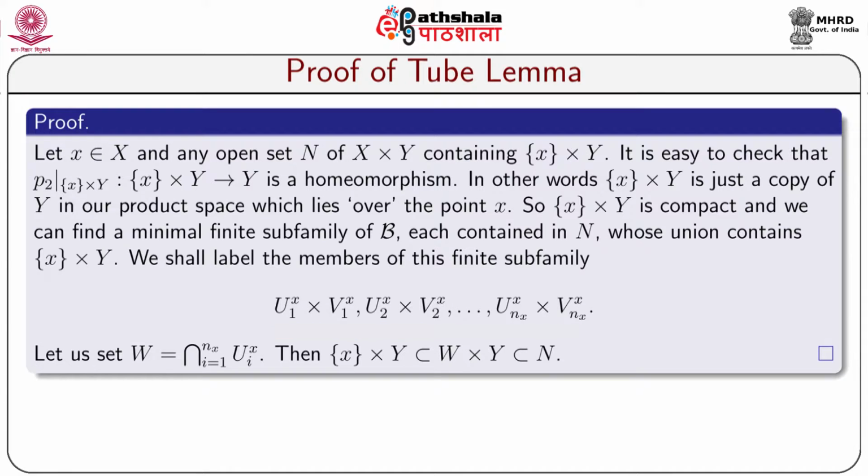Now, let us set W equal to the intersection of Uix, where i runs from 1 to nx. Then the slice x cross Y is contained in W cross Y, a subset of N, where W, being a finite intersection of open sets, is also open.